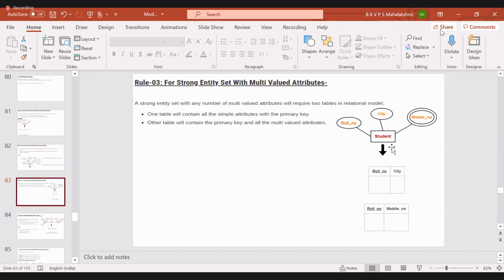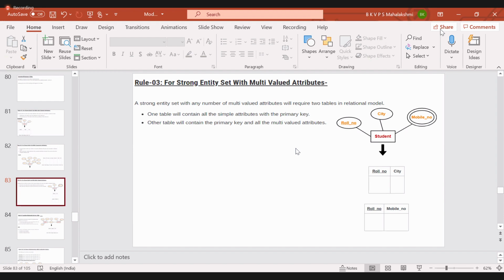Next is for multi-valued attributes. So this is an entity, student. If in your diagram there is an entity with a multi-valued attribute, then we have to take two tables.